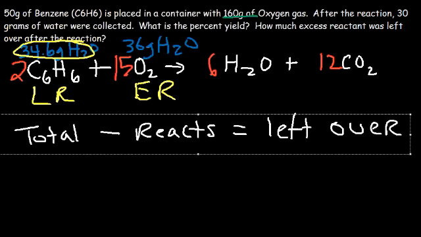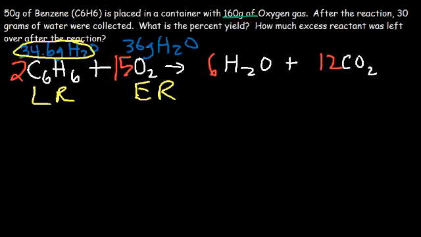So let's find out how much O2 actually reacts or is consumed in the reaction. What we need to do is start with the grams of the limiting reactant and convert it to the grams of the excess reactant. That's going to tell us how much of the excess reactant reacts with all of the limiting reactant.